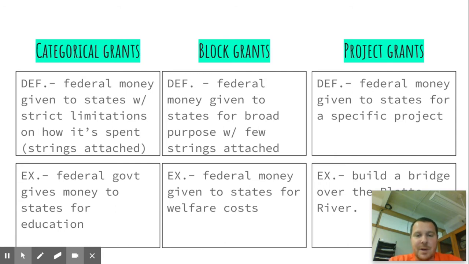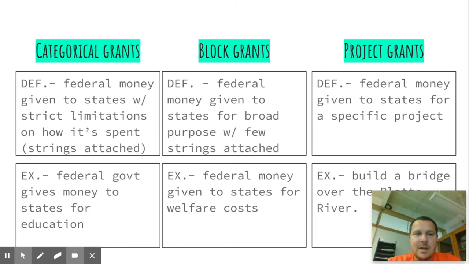The federal government might give money to cover the cost of a state welfare program, like TANF, the Temporary Assistance for Needy Families. That's just one example, but that money is not going to be very carefully policed by the federal government. It's just, here's a chunk of money for special services for members of your state who meet certain low income requirements. So that's a block grant.